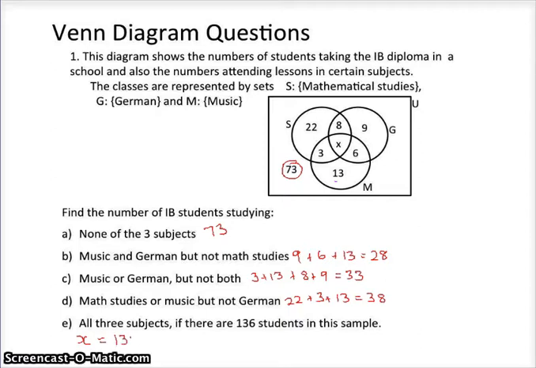So it's simply 136 minus all the other values. So 73 plus 22 plus 8 plus 9 plus 6 plus 13 plus 3, which is equal to 2.